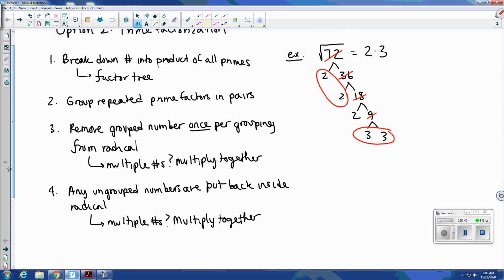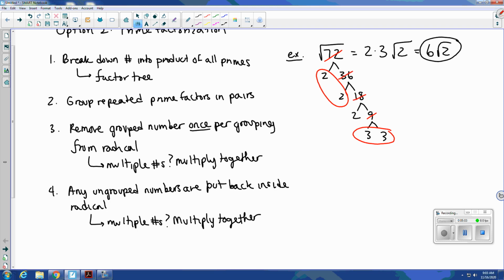In this problem, we only have one number to put back underneath, and that is that ungrouped 2. Carry out the multiplication that's necessary, and we get 6 root 2. And that is our simplified form of square root of 72.